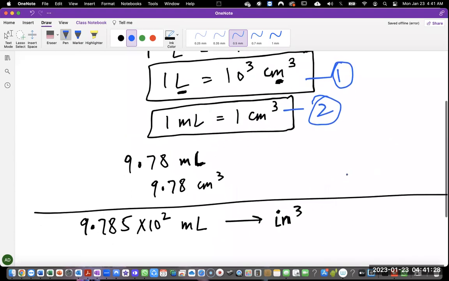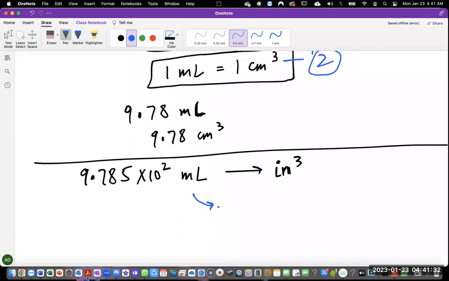So you can change mLs to centimeter cube, and then change centimeter cube to inches cube. We already know that 1 inch is 2.54 centimeters, and we're going to use this information as well to solve this problem.